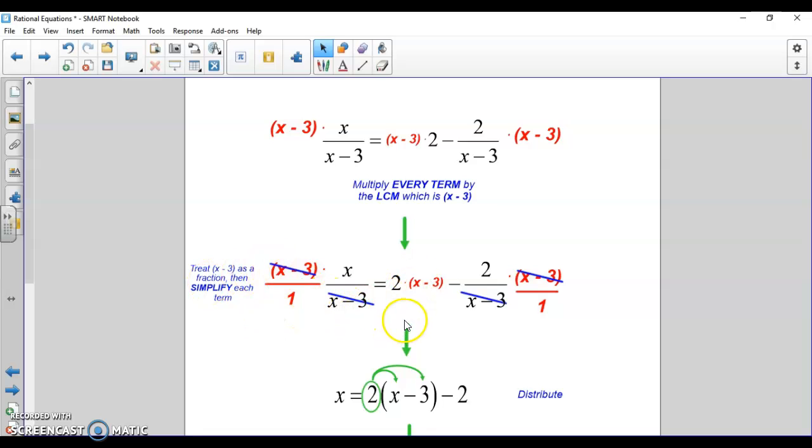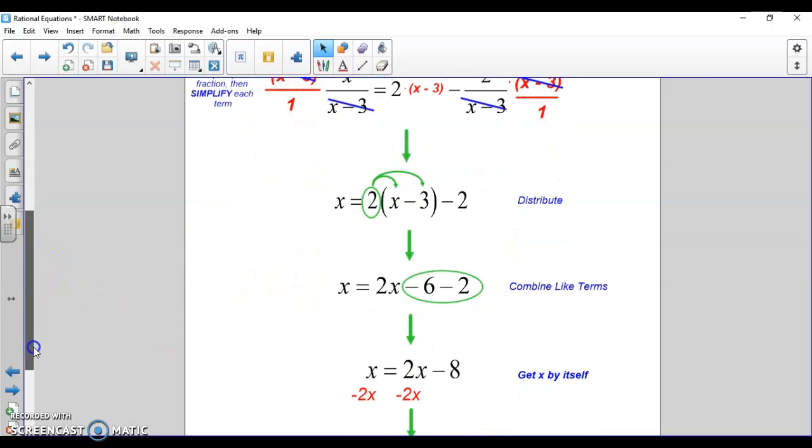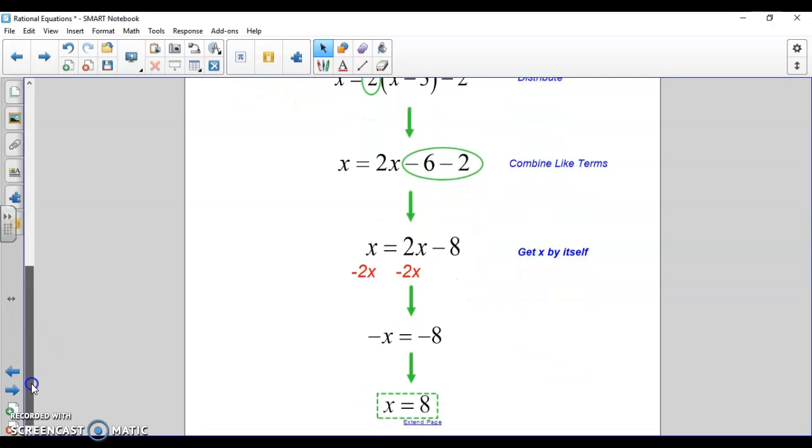X minus 3's cancel on the ends. Nothing gets canceled here, so I'll have to distribute the 2. 2x minus 6 is what I end up with. Combine like terms. Get x by itself, so I subtract 2x personally. Negative x equals negative 8. If negative x equals negative 8, x just equals 8. So that's what we got.